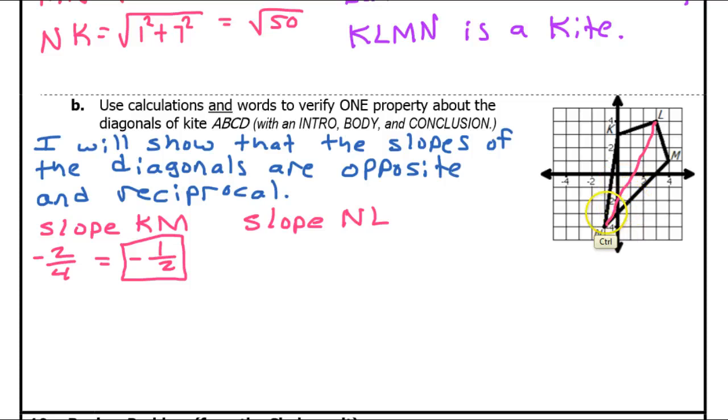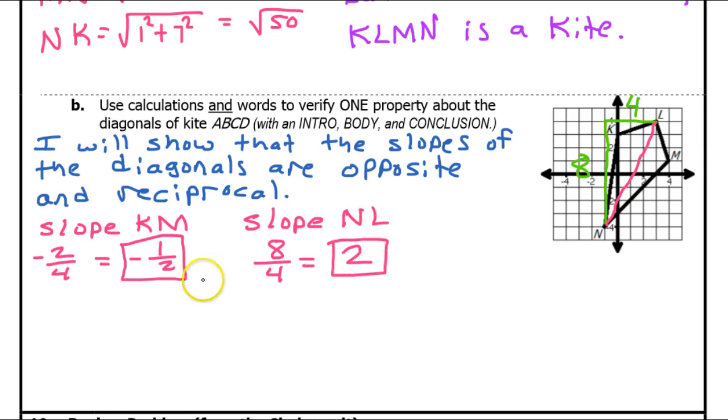So from N to L, I'd have to go like this. This is my rise, and this is my run. So let's see, that's a rise of 8 and a run of 4. Rise over run, that's 8 over 4, which reduces down to 2. So that's the slope of NL.